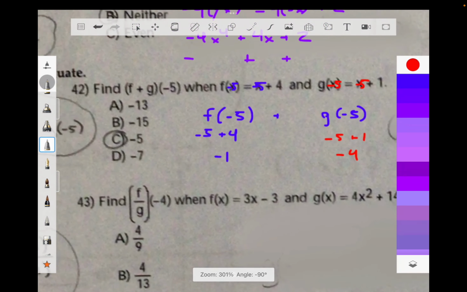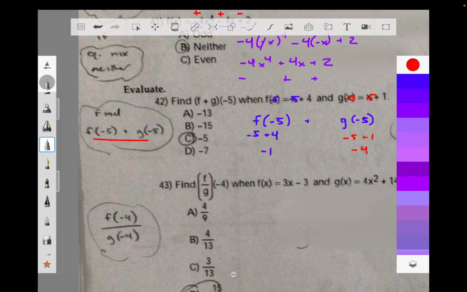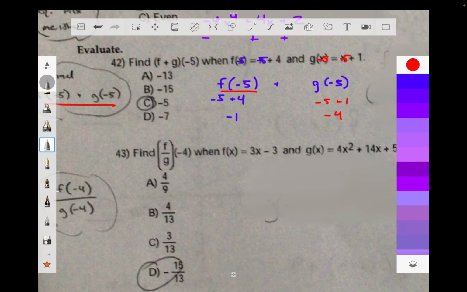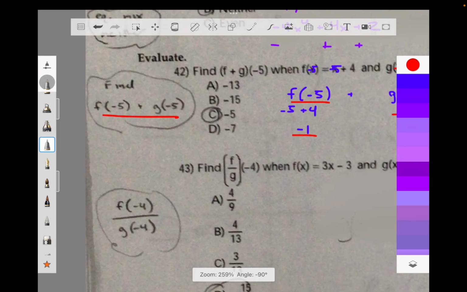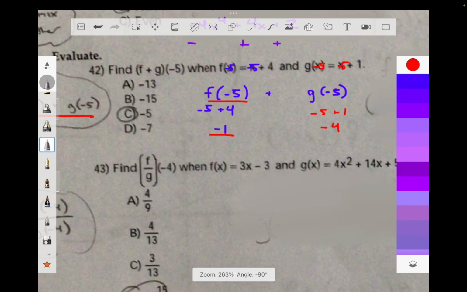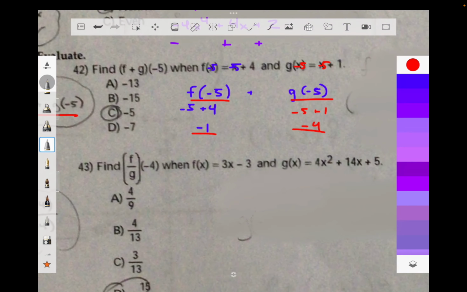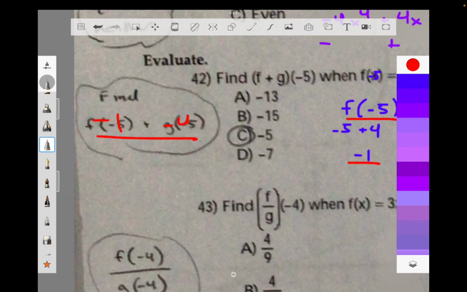We know f of -5 is -1 and g of -5 is -4. So -1 plus -4 is -5.